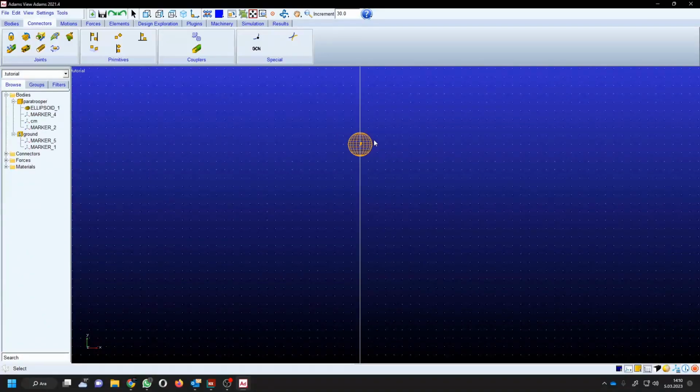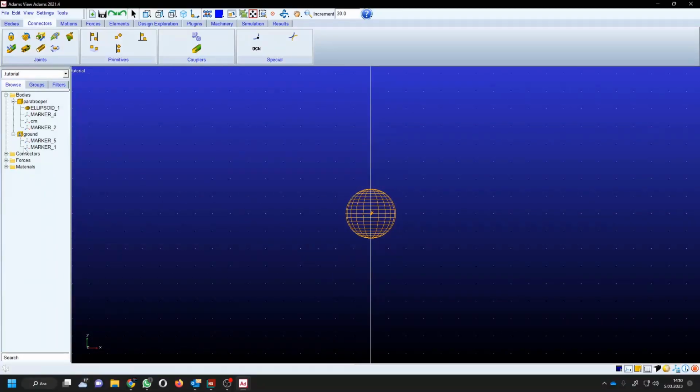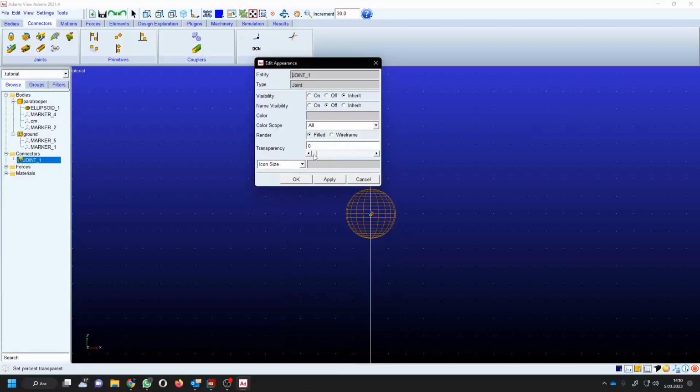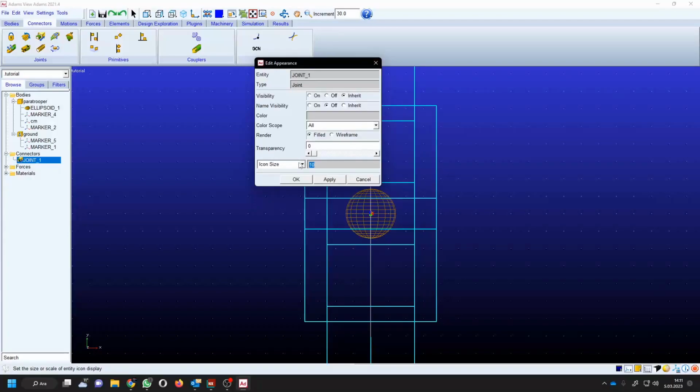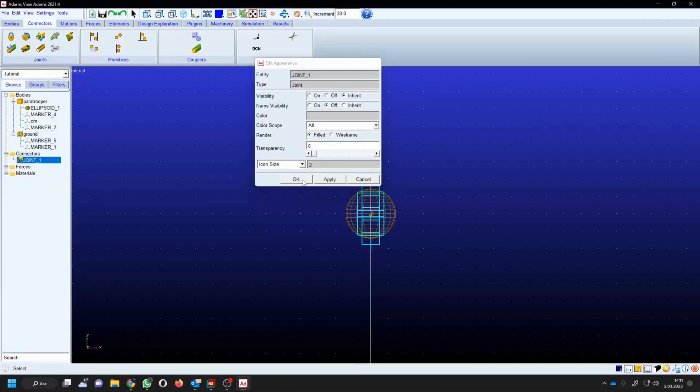Let's make this translational joint more visible. Modify appearance and icon size, let's say 10. No, let's say 0.5. Okay.